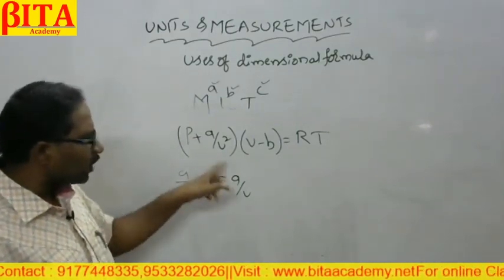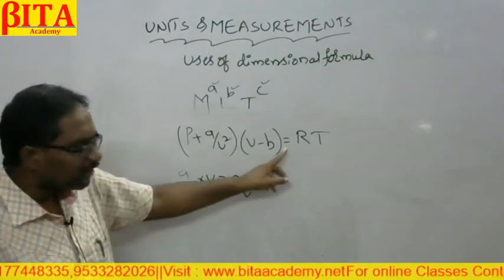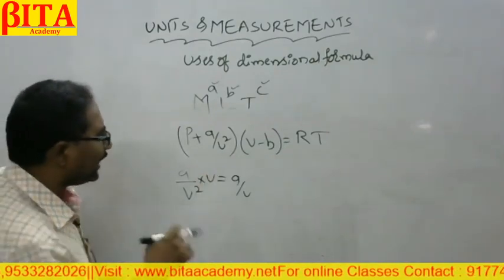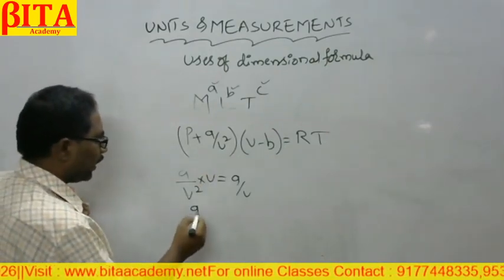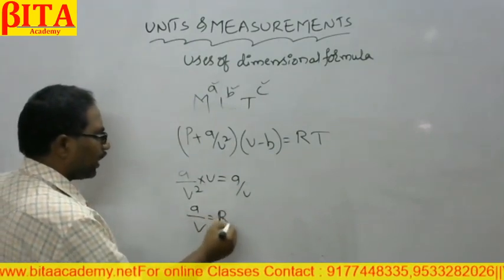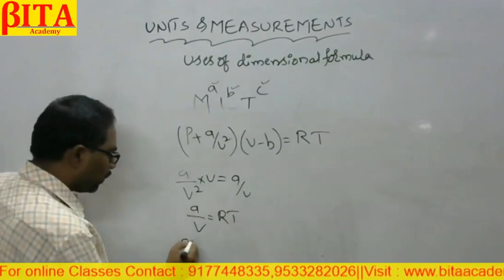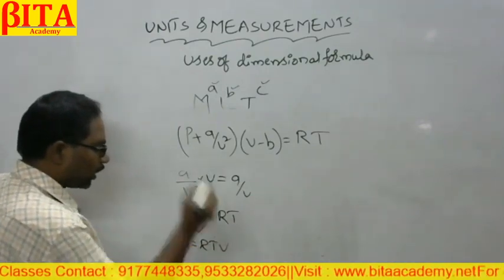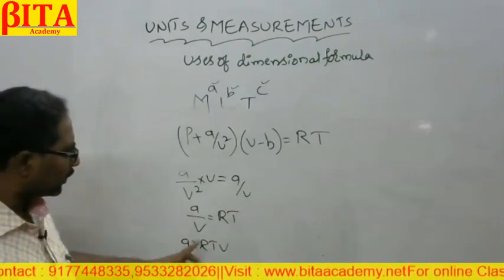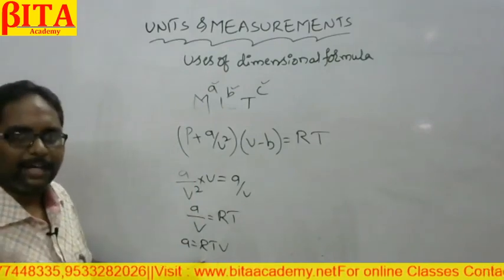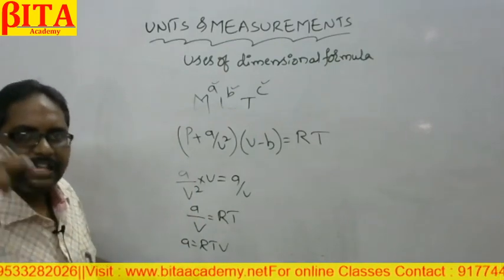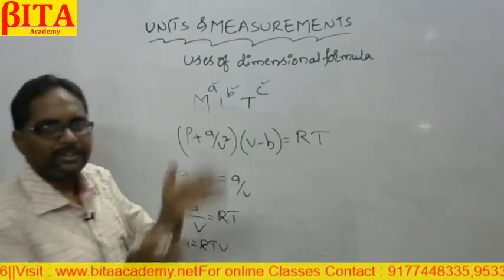As it is one of the terms on the left side of this equation, the right side will be A by V is equal to RT, and now A is equal to RTV.